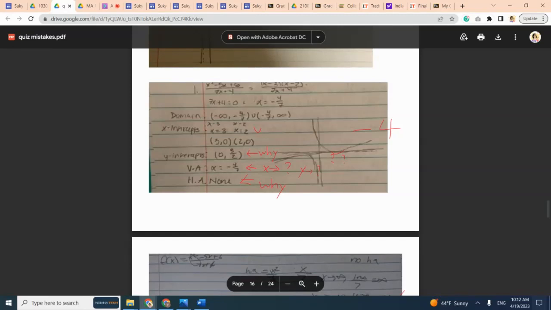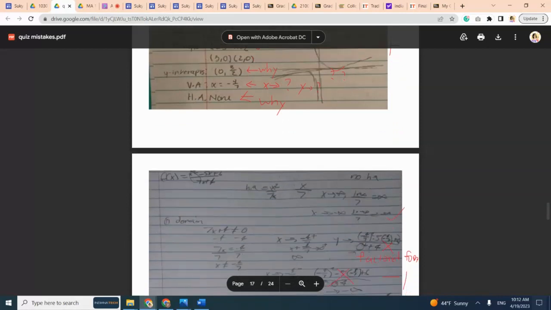Otherwise, you lose points. Okay. So I hope that you can get as many points as you can. I don't want you to know the material but lose points because you didn't write enough. Okay? So please, I want you to understand the requirements, and then you can show all your work and receive all the points. Okay, everybody?